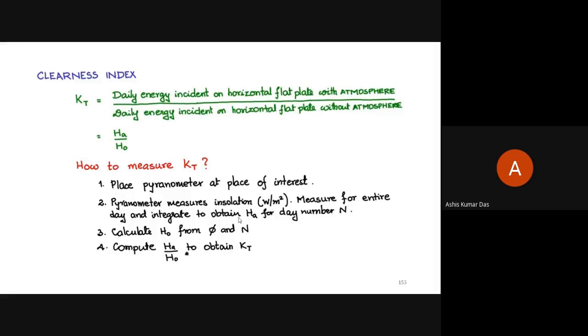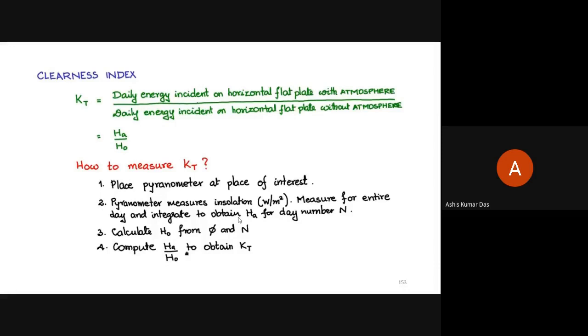However, HA is the energy with atmospheric effect, and that is difficult to calculate, but we can measure it. So if we measure HA and calculate H naught, we get the accurate current value of KT at any given place.